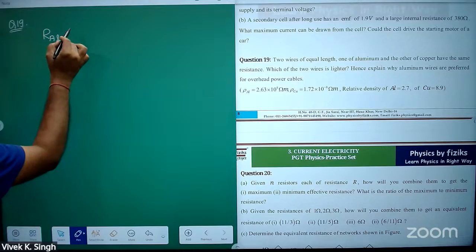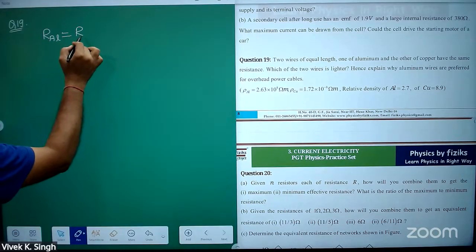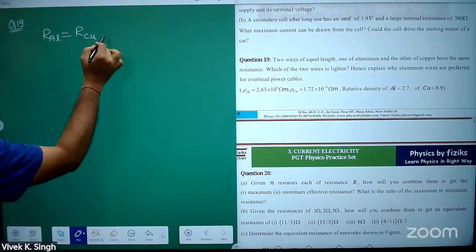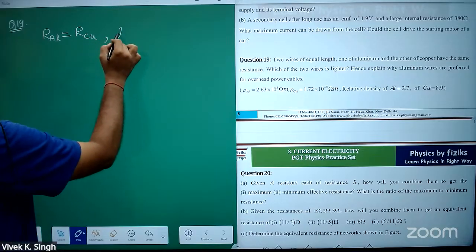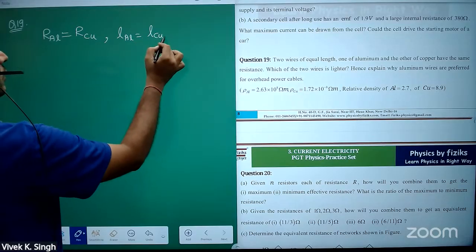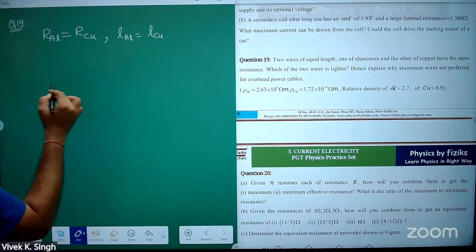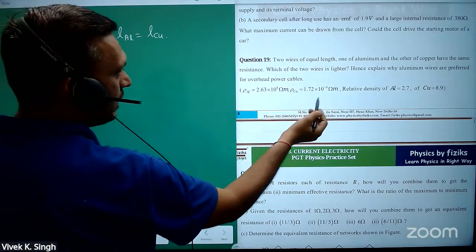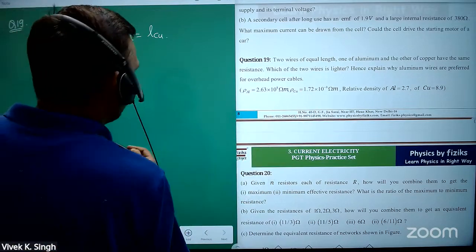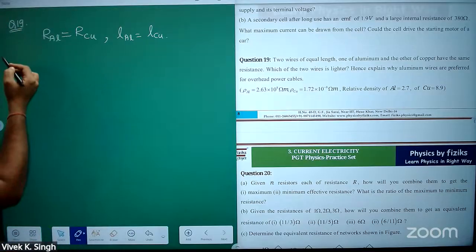Two wires of equal length have the same resistance, aluminum and copper. Length is also same. Resistivity is given, and density is also given. So what will be the resistance?